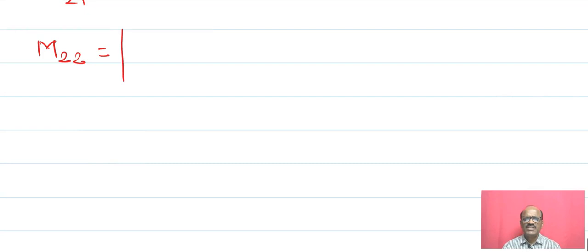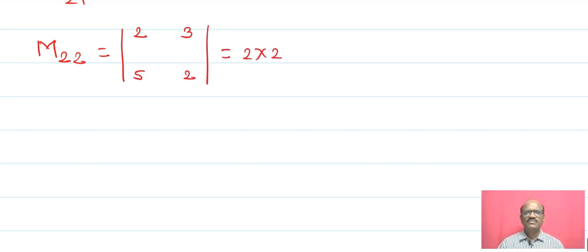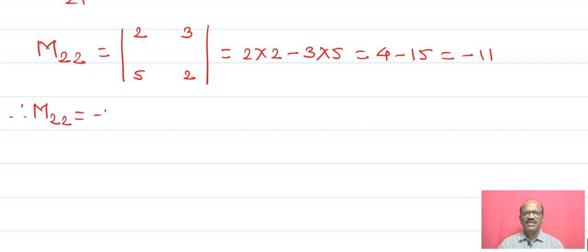Now next, M22. That is a 2 3 5 2, 2 into 2, minus 3 into 5, that is a 4 minus 15, that is minus 11. Therefore M22 minus 11.